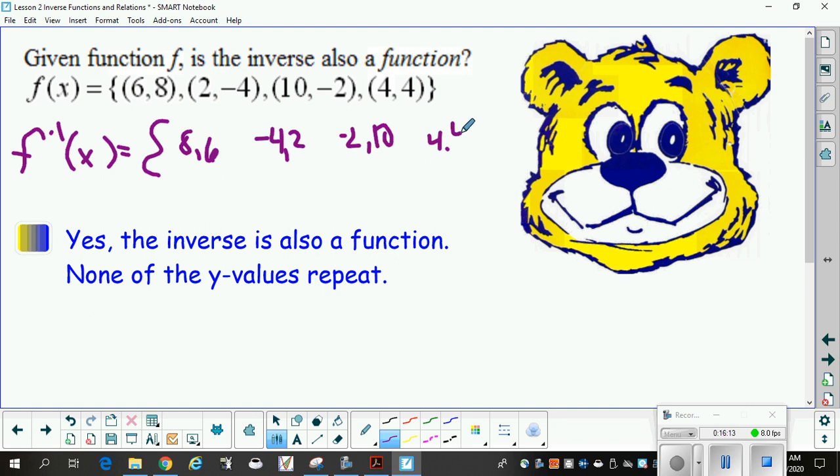Pardon the fact that I did not put all the parentheses in, but I don't think you want to sit there and have me try to graph or draw with the mouse. 8, -4, -2, 4, no repeats.